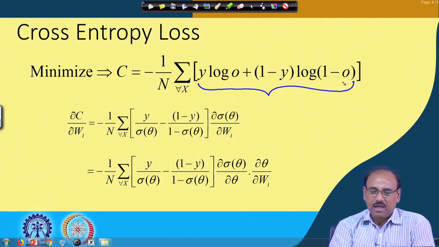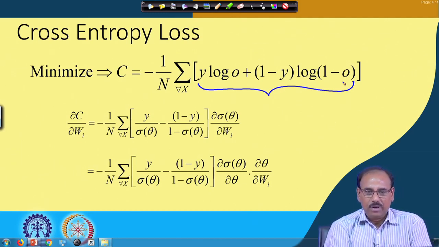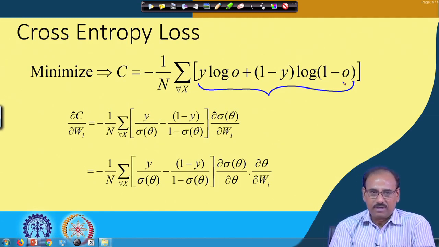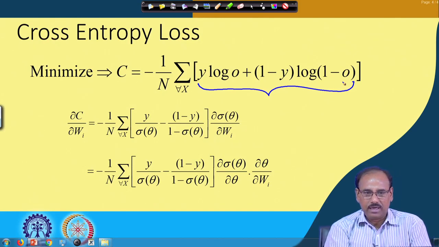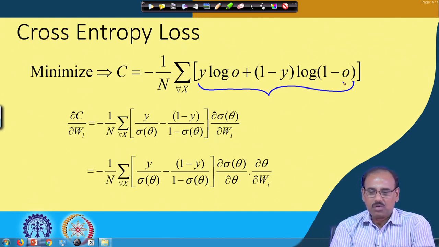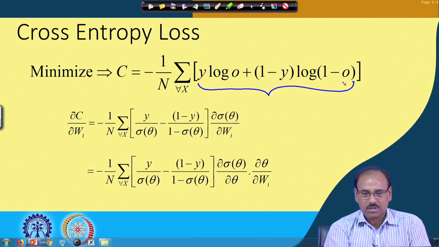So, I am defining a cost function C to be minus 1 by n summation of y log O plus 1 minus y log 1 minus O, taking the summation over all input vectors and taking the average, which is given by 1 by n. And this is what is known as cross entropy loss.